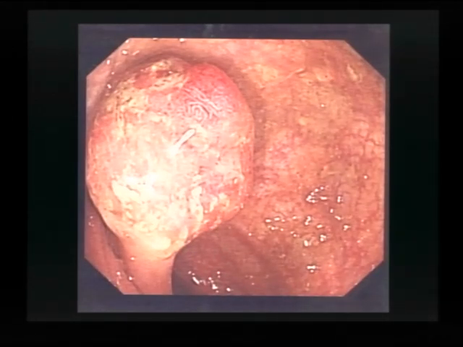So in the UK, if any of you attempted this, I would be inviting you to my office to discuss. That's because this polyp is actually trickier than what you think.